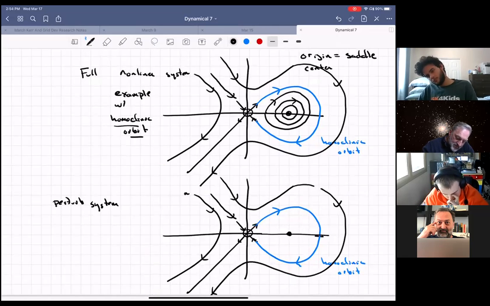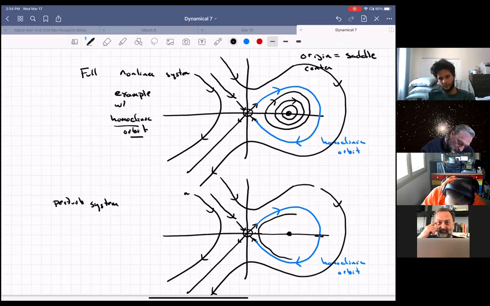I'll keep this here, but anything that's coming off of here would spiral down onto there. I could fill the whole region. So if I trace forward, if I'm inside that blue homoclinic orbit, anything I trace forward in time ends up at that stable spiral location. Anything that I trace backwards in time ends up on the homoclinic orbit.